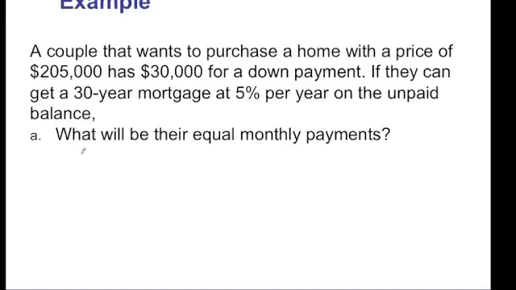So first we'll find out that we have $205,000. We subtract the $30,000. Well, they'll be borrowing $175,000. That's my A. So my R equals the A, $175,000, times, now I on top, which is 0.05 divided by 12, that's the numerator.